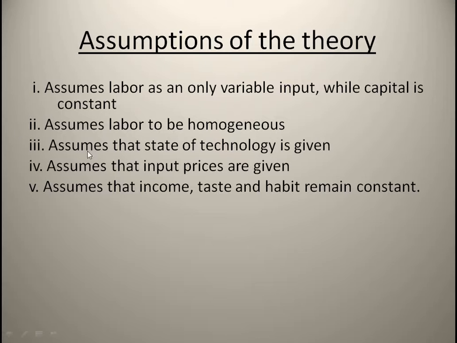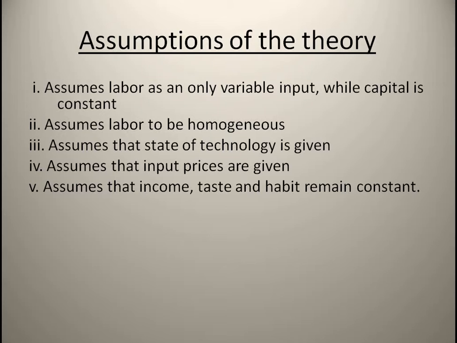The third one, it assumes the state of technology is given. That means technology does not change. It will be the same even after a year. Then it assumes the input prices are given. Whatever input you buy for the production activity, all the input prices will be given.